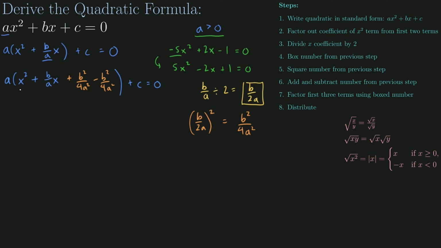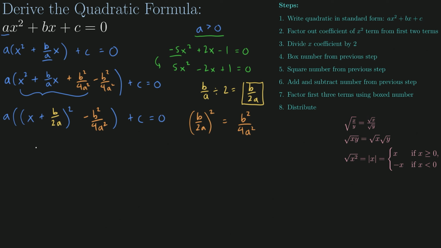For step 7, these three numbers should factor nicely. a times ((x plus the number in the box, b over 2a) squared, minus b squared over 4a squared), plus c equals 0.